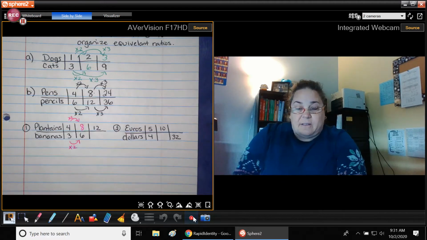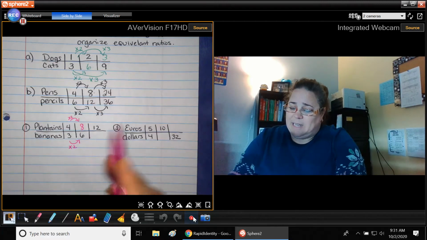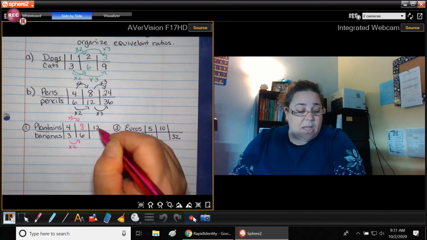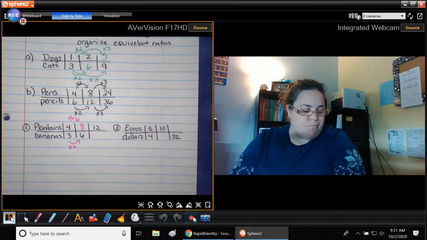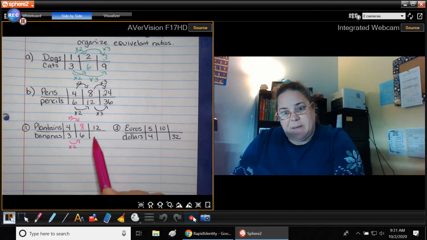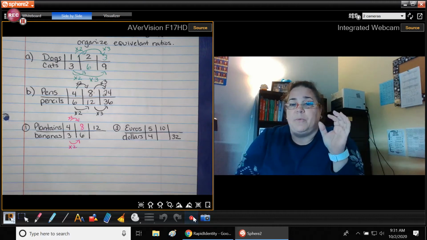All right, now I have the blank on the bottom. So I have to use my top to solve what my bottom is. So how can I get from 8 to 12? Well, it's a little tough to get from 8 to 12. I could do times 1.5, but we're not there yet.